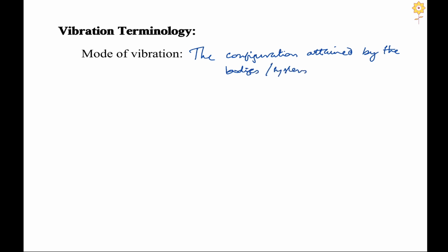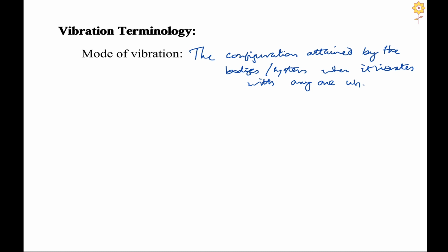So in plain terms I will write it as the configuration attained by the body or system when it vibrates with any one natural frequency, right? So the concept is that if I am having 2 degrees of freedom, then it has 2 natural frequencies. If it is having 3 degrees of freedom, it has 3 natural frequencies, likewise, right?